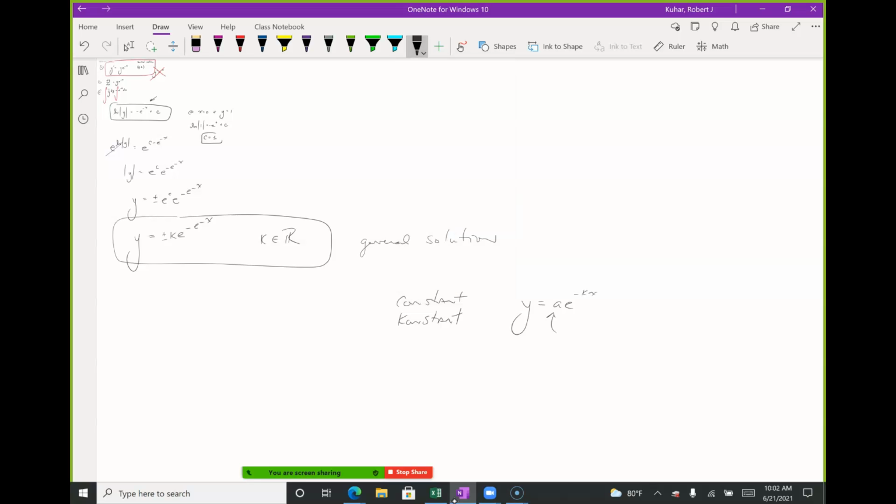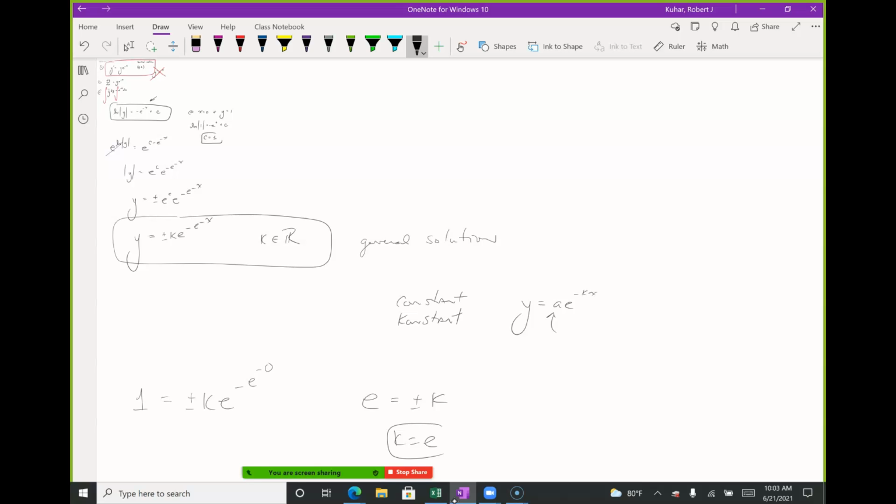So we're going to plug in our initial value, right? So 1 for y equals plus or minus k e to the minus 0, right? So what do I get? I get e equals plus or minus k. So obviously k is e, right? Because the left side's positive.